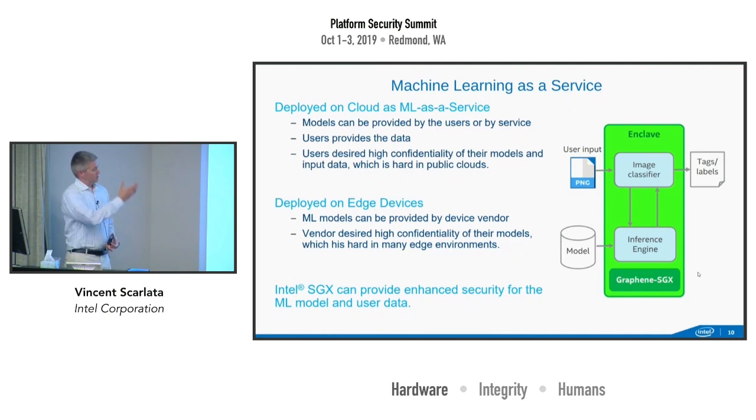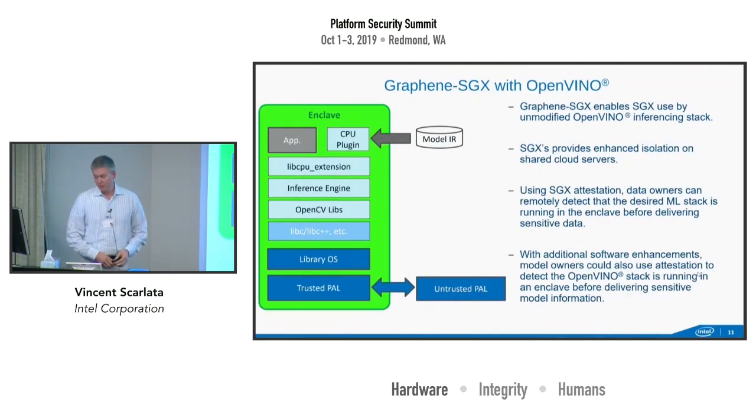And so this gives us an opportunity to say, well, if you protected the inference engine and whatever the application is, in this case over there, it's an image classifier, inside of an enclave, then that provides you with additional protection on both the model and the data. So what we did was we used the Graphene SGX from earlier in the conversation and put OpenVINO into an enclave.